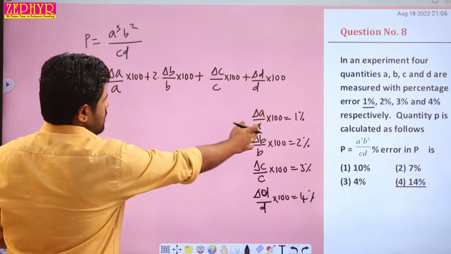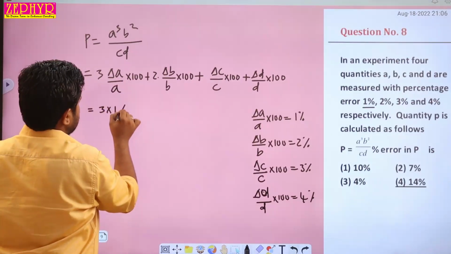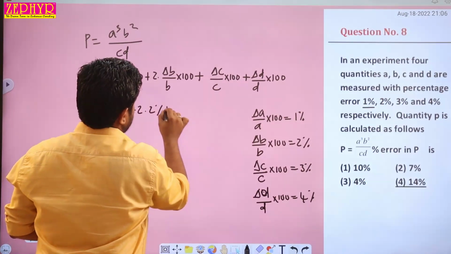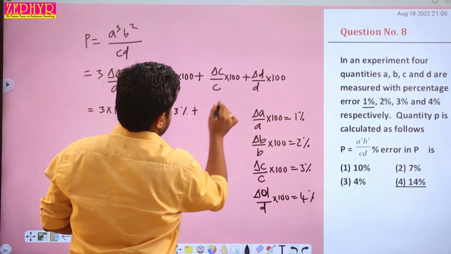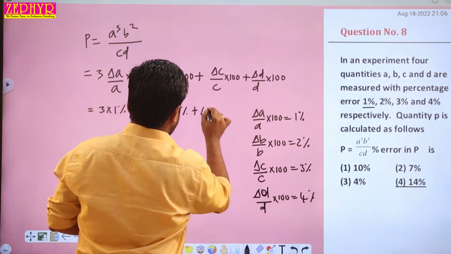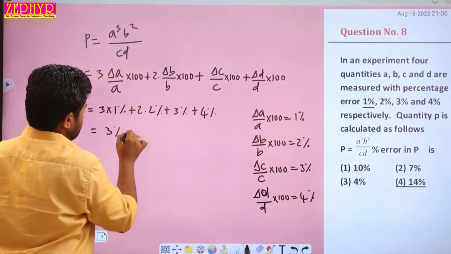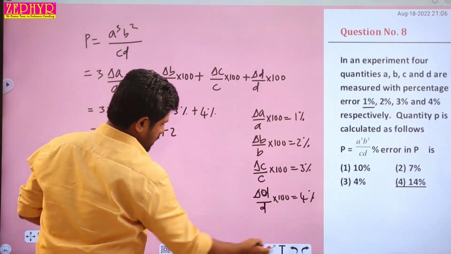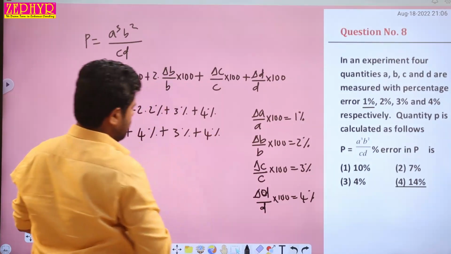So I substitute these values here: 3 into 1% plus 2 into 2% plus 3% plus 4%. So 3 into 1% is 3%, plus 2 into 2, that is 4%, plus 3% plus 4%.